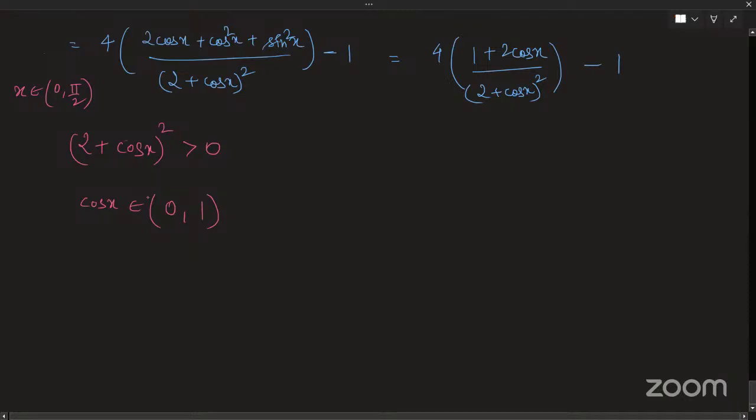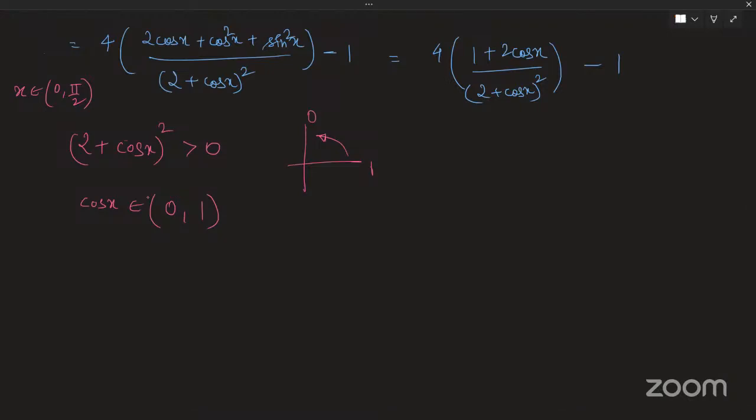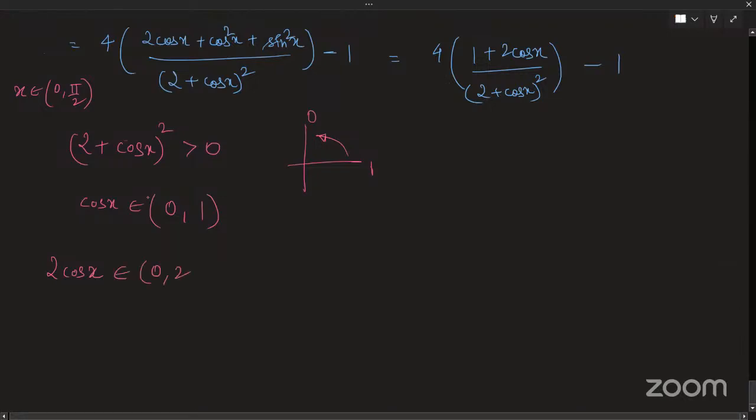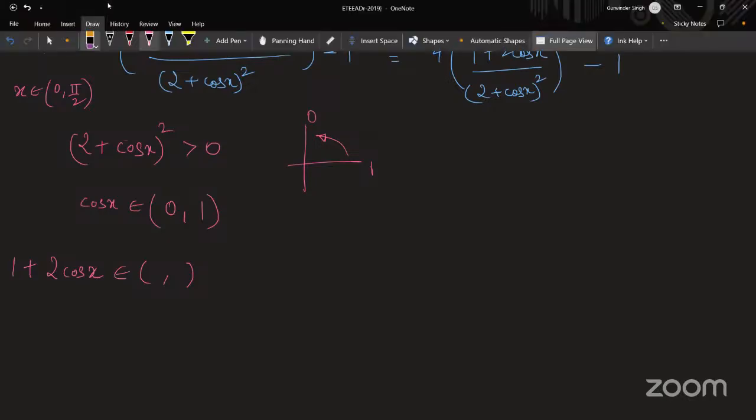In the first quadrant, between 0 and pi by 2, your cos x lies between 0 and 1. So 2 times cos x will lie between 0 and 2. And you add 1 in that. So 1 plus 2 cos x will lie between 1 and 3.